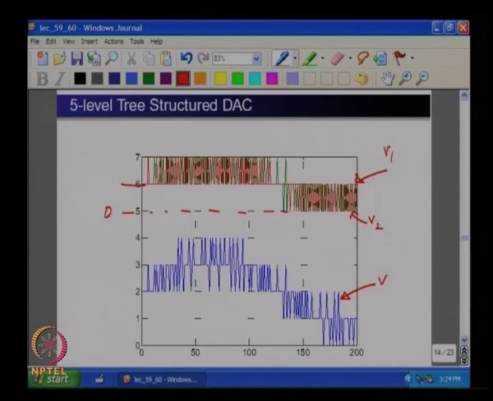The sum of these two sequences V1 plus V2 is V, and how many levels are there in V? This is a 5 level sequence. How many levels are there in V1 and V2? 3 level sequences, correct. So how many bits are required to represent this? 3 bits. What about this? 2 bits.